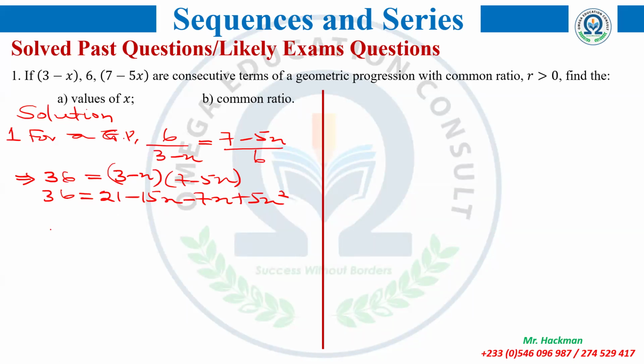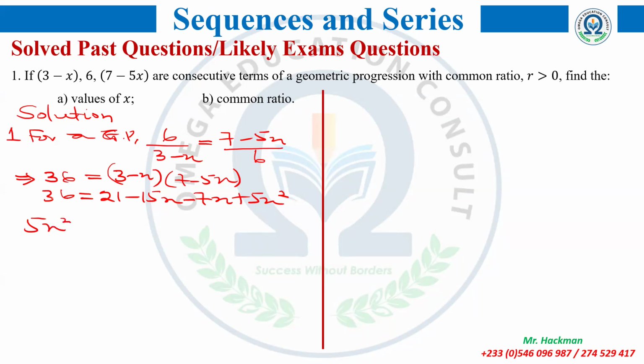Though if you were supposed to simplify this side before writing what I'm going to write, it won't attract any marks, but it's better to play it safe. At this point, I know I'm going to get a quadratic. My first term, which is supposed to be the x squared term, is positive. So I'll write that one first. So 5x squared.